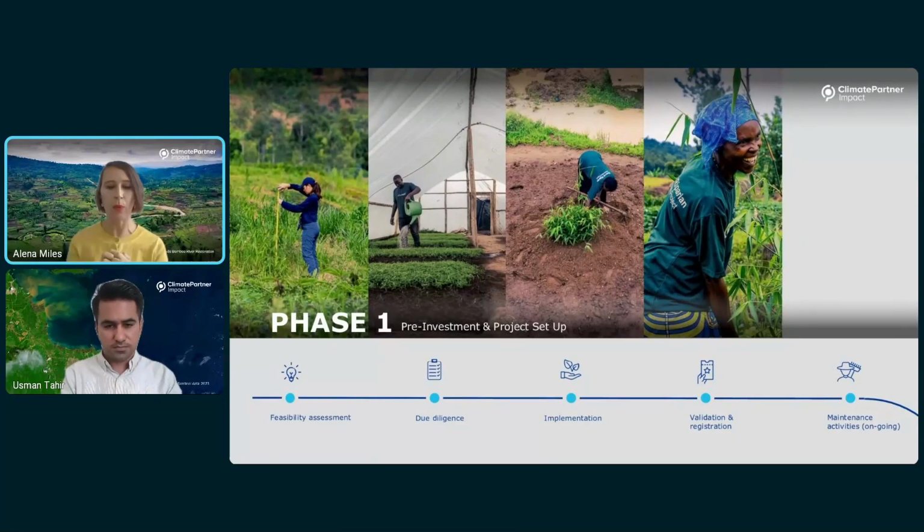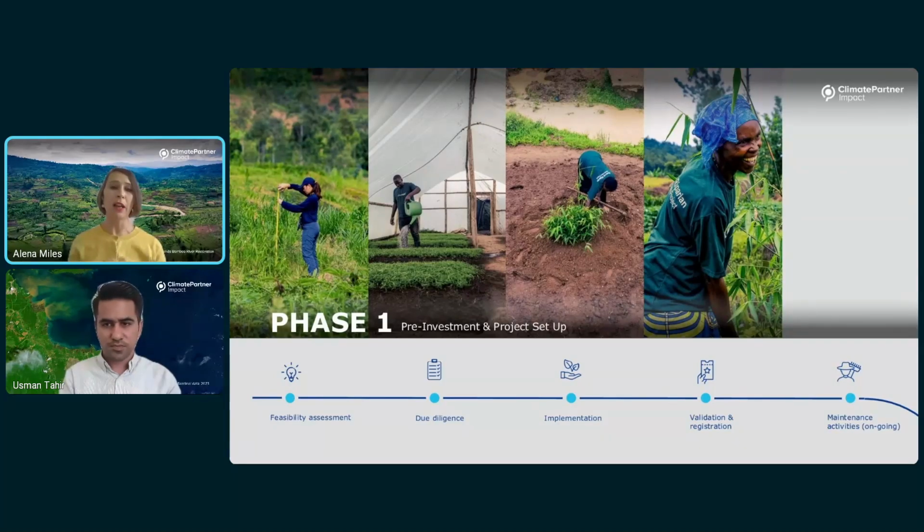And typically what we do is we have a really experienced and knowledgeable implementation partner on board that we work with, that has really strong relationships with local communities, that does a lot of that implementation. And as we're implementing, we're also working on all the documentation for the standard. And once that is completed, we are going through the process to get the project validated and registered.